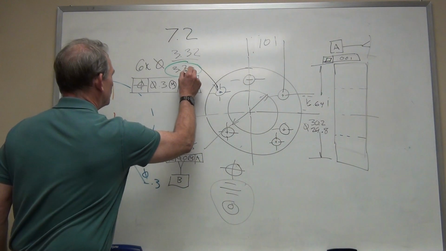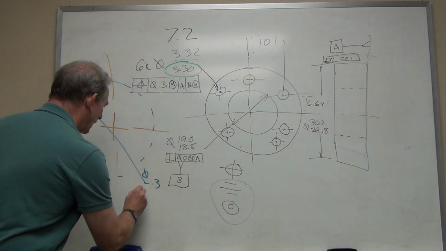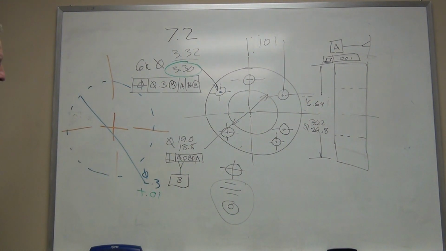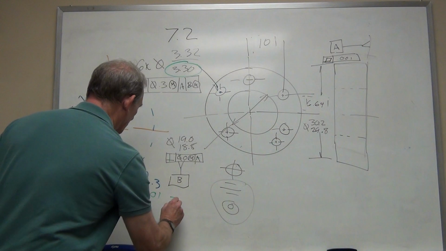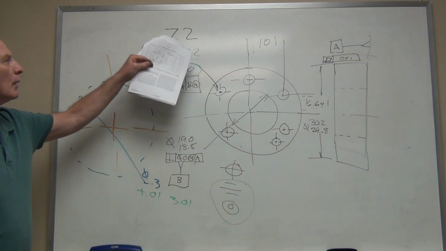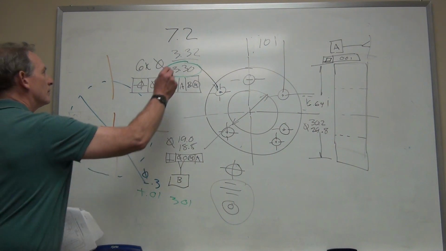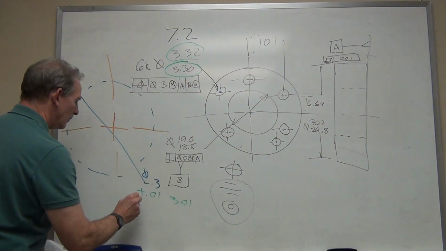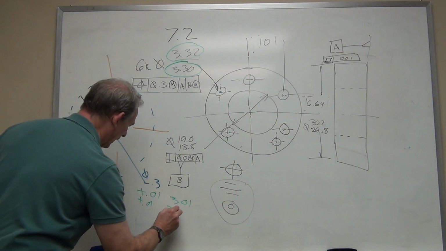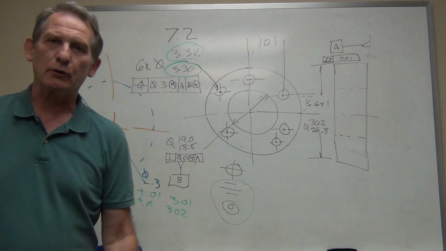If we drill it up to 3.31, we get to add 0.01 to that tolerance zone, and it now becomes 3.01. If we drill it all the way up to the least material condition, here, we'll add another 0.01, and the tolerance zone at least material condition becomes 3.02.